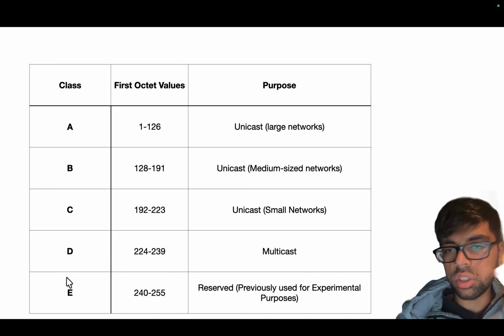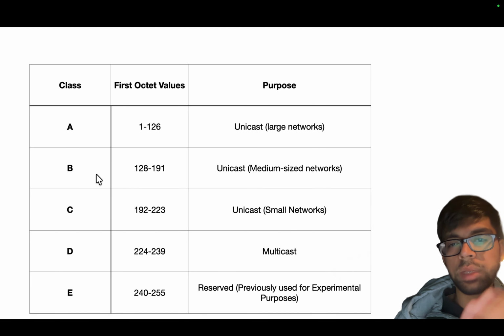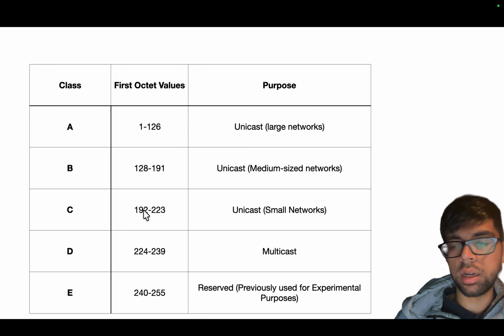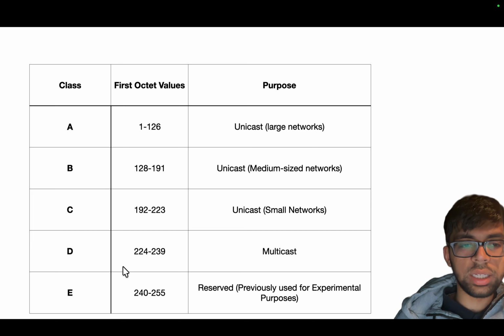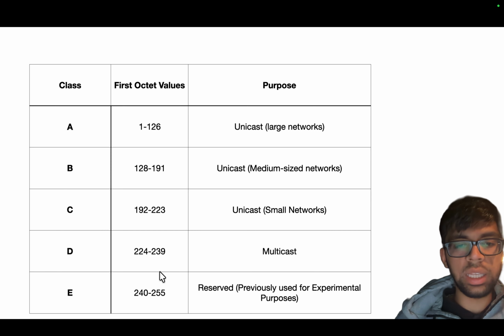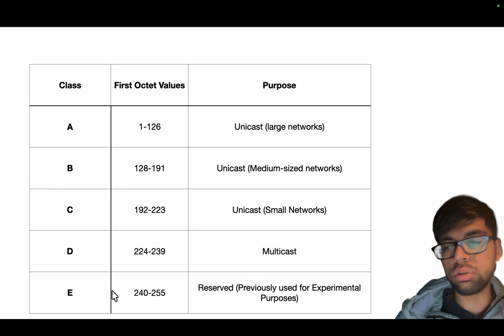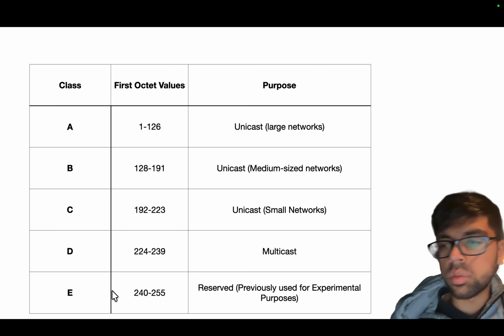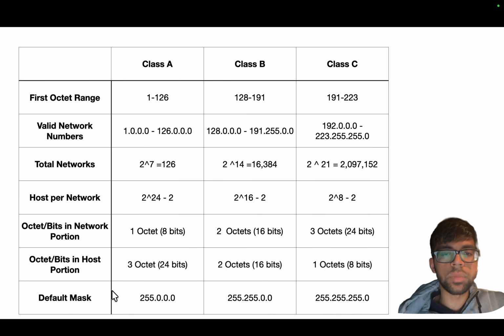So we're going from large networks with class A, to class B being medium-sized networks, class C being small networks. You can see that these ranges also decrease in size. And then D, 224 to 239, is reserved for multicast addressing. E, 240 to 255, is reserved, and it was used for some time for experimental purposes.